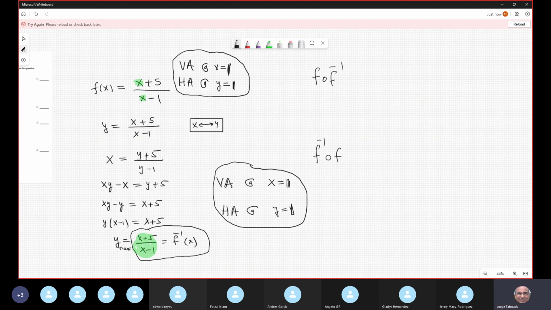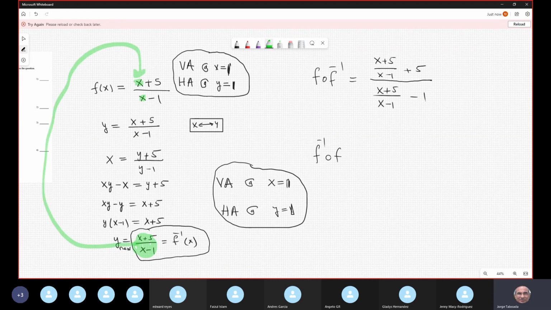Okay, so now we have x plus 5 over x minus 1, plus 5, over x plus 5 over x minus 1, minus 1. Do you see the idea? Basically, what I did was this substitution here and here. And let's see what happens.